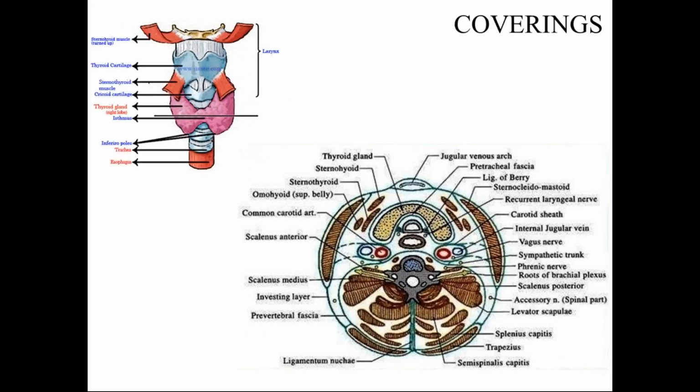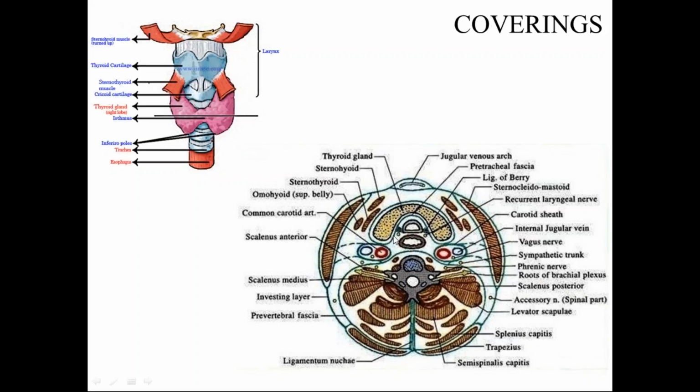It forms one of the layers known as pretracheal fascia that will enclose the thyroid gland. As you can see, one part is coming from this side and another part from this side and will enclose the thyroid gland. It is the outer false capsule.